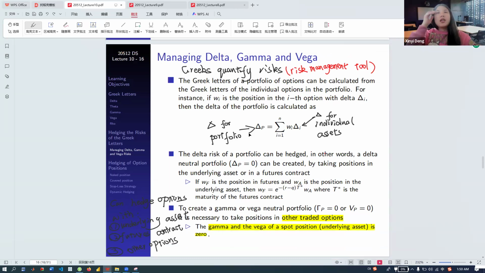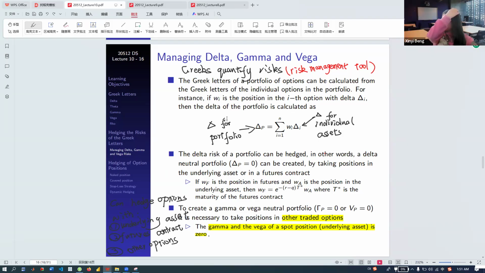Here, the first bullet point is just saying the calculation of Greeks over a portfolio. So for delta, it's showing the calculation of delta over a portfolio.